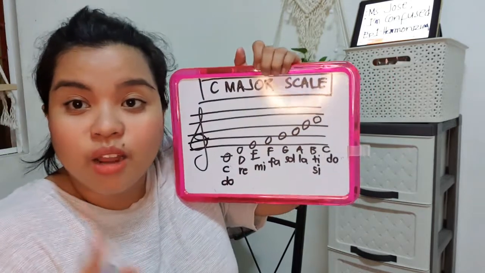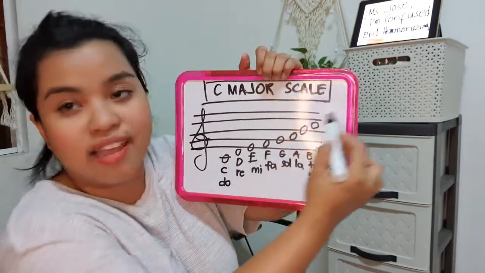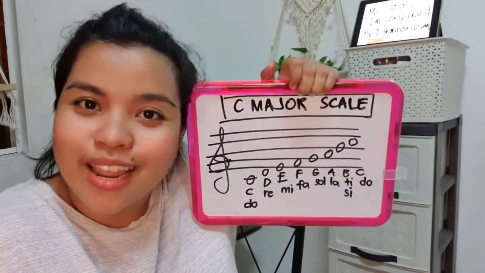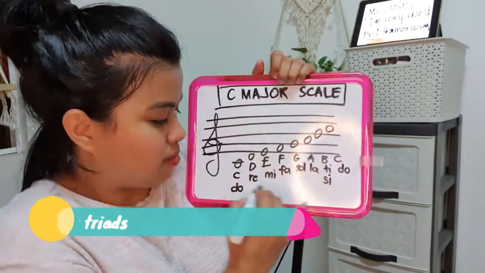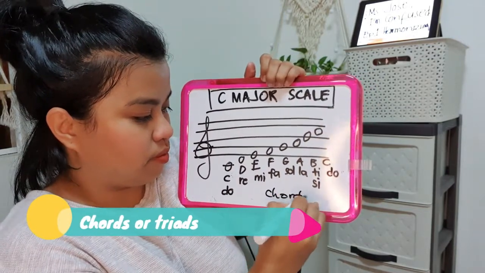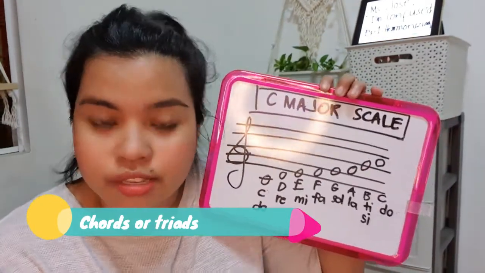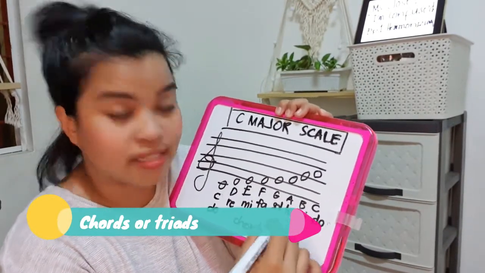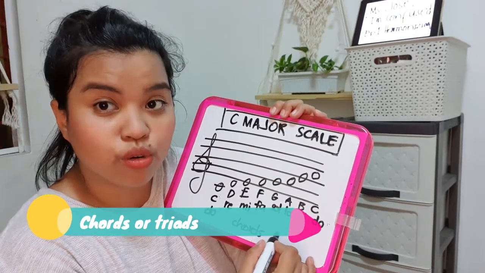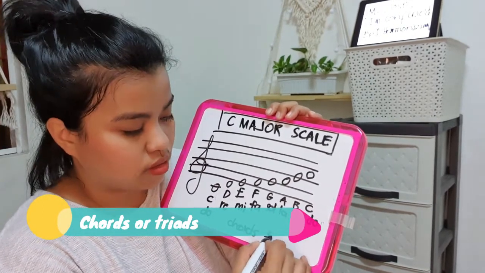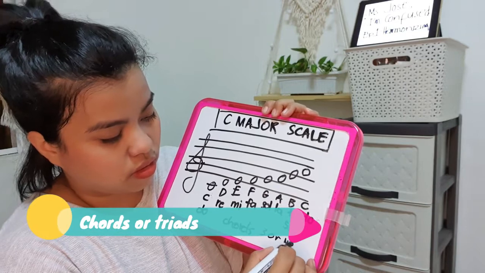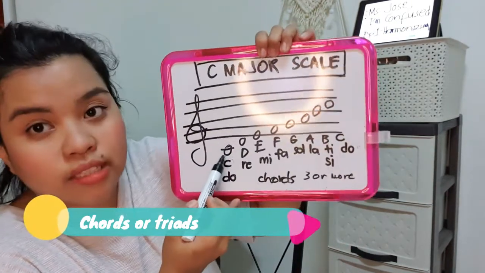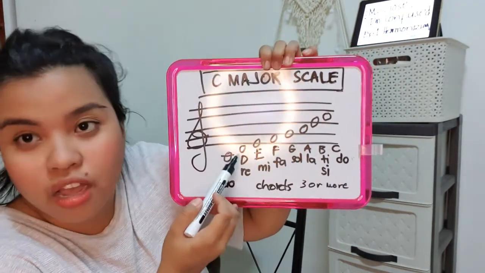But, in harmonizing, you don't use just one-line melodies. What you have to do is create triads or chords. What are chords? Chords are triads or a set of 3 to 4 notes, actually 3 or more notes, that is played or sung with the given melody.